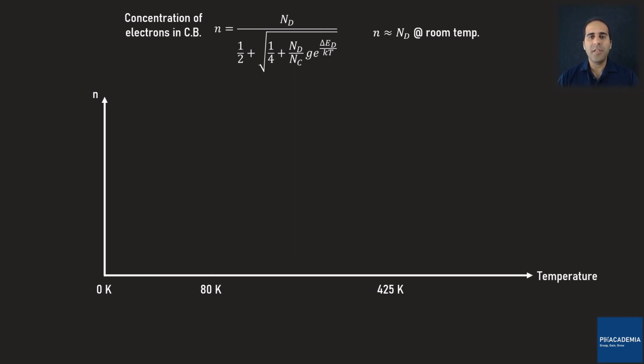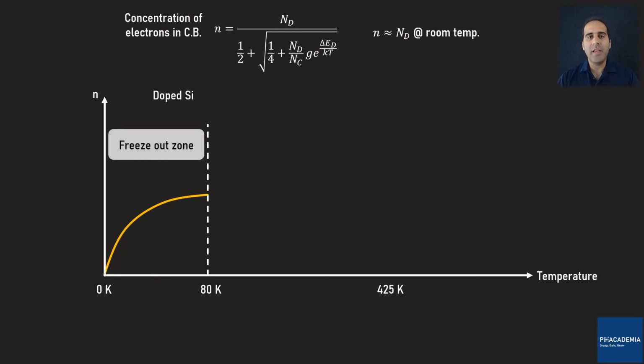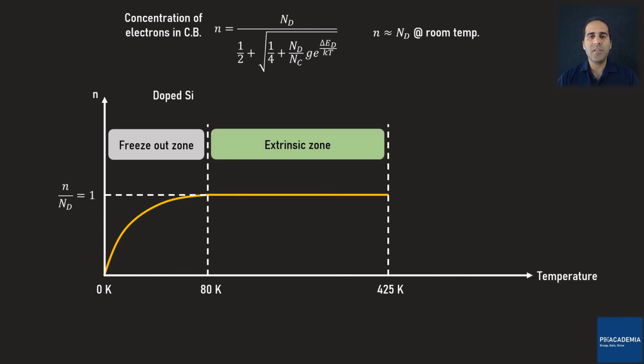This diagram is drawn for a doped silicon. The extent from 0 degrees Kelvin to around 80 degrees Kelvin is called the freeze-out zone. From 80 degrees Kelvin to around 425 degrees Kelvin, the concentration of free electrons is flat and equal to the concentration of dopants. This zone is called the extrinsic zone, and this is where we want the semiconductor to operate.